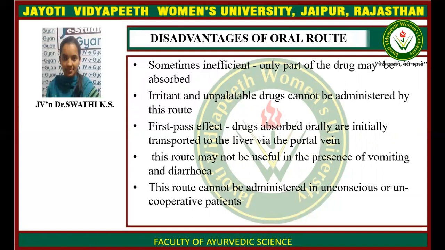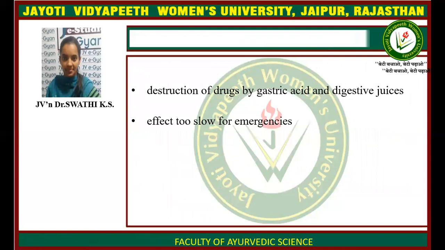This route may not be useful if the patient is having vomiting or diarrhea, so this route is usually not preferred. The route cannot be administered if the patient is unconscious or uncooperative. Destruction of the drugs by the gastric acid and digestive juices also happens, and the effect is too slow. So in case of emergencies, we can't give the drugs by this oral route.